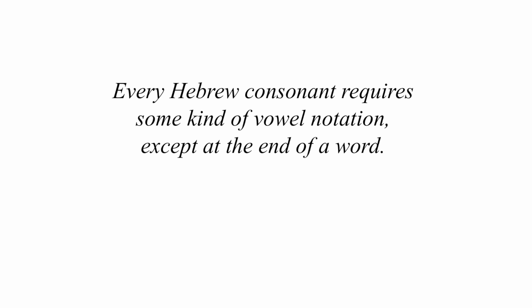When they put in the vowel pointing for Hebrew, it was required that every Hebrew consonant have some kind of vowel notation except for the final consonant. So when you work with a Hebrew word, we find that we need one more set of notations in order to fill out the whole vowel notation system.